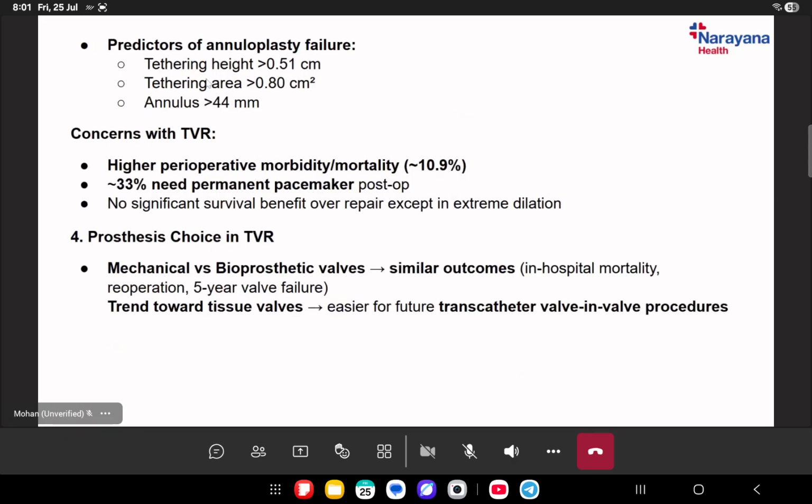These are the predictors of annuloplasty failure: tethering height more than 0.5 centimeters, tethering area more than 0.8 centimeters squared, annulus more than 44 millimeters. A concern with tricuspid valve replacement is that 33% need permanent pacemaker implantation post-op, which makes the prognosis even worse. Prosthesis choice in tricuspid valve regurgitation is mechanical versus bioprosthetic. Studies show similar outcomes, but people are tending towards tissue valves, thinking of future transcatheter valve-in-valve procedures.